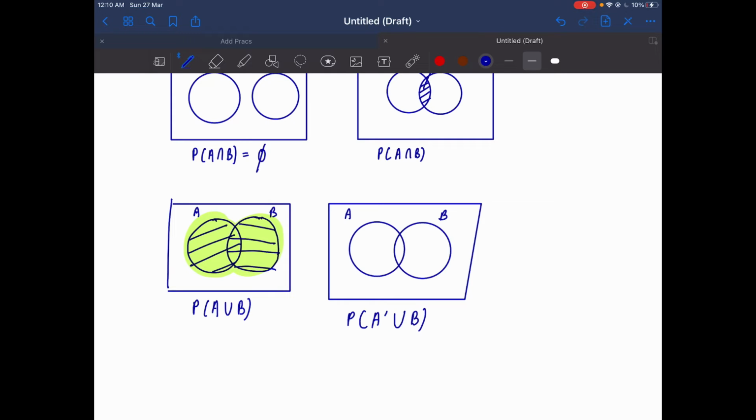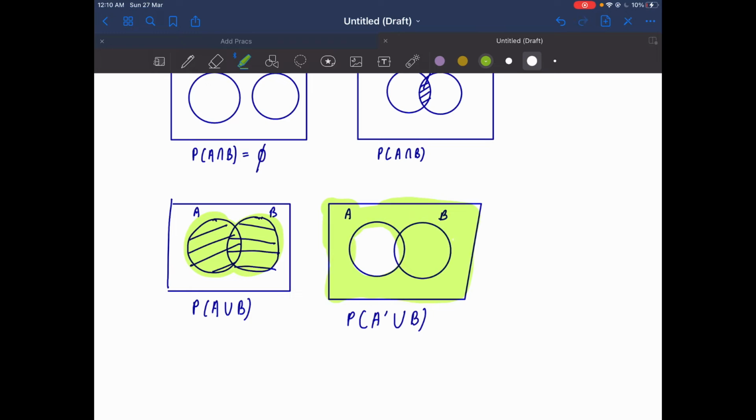Okay, I'll give you 5 seconds. Okay, so this part, A prime, this notation is called prime. A prime means any area that is outside of A occurring. So it is this part.